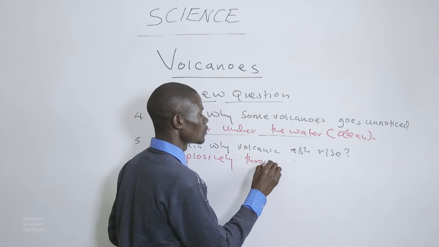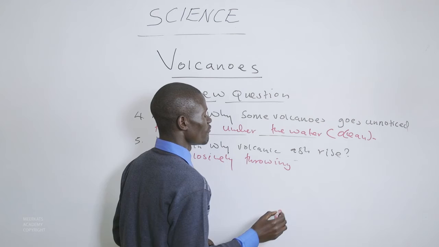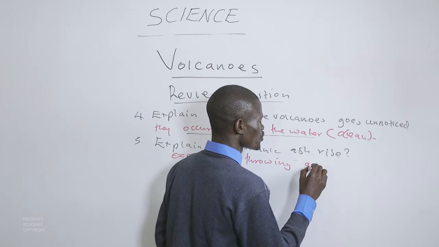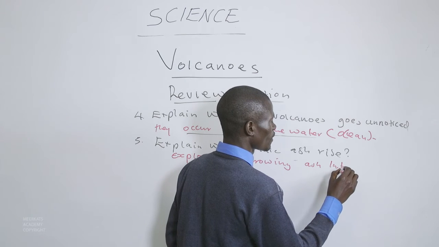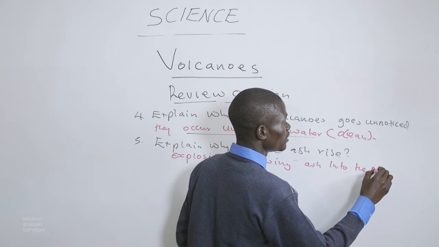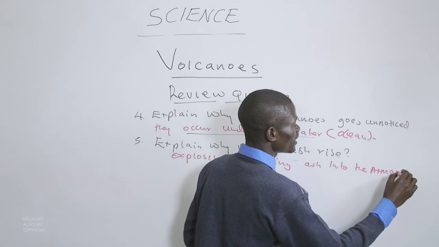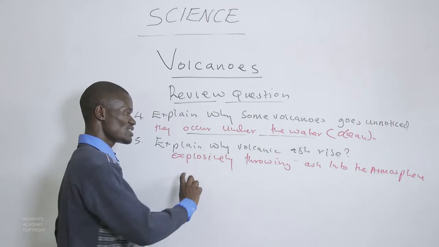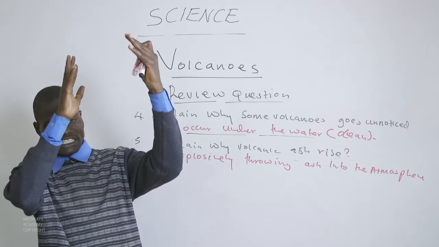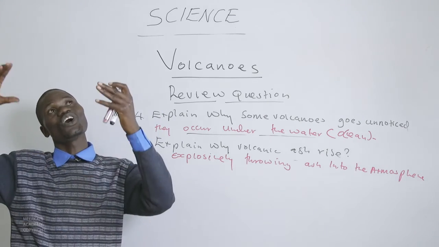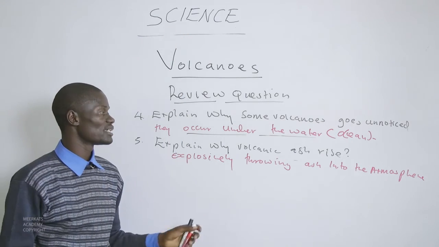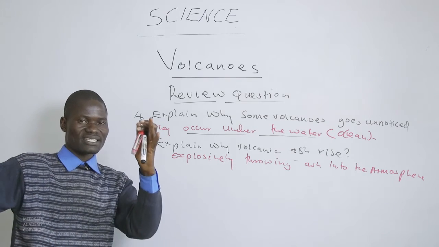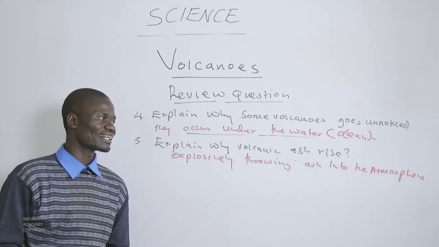throwing ash into the atmosphere. And once the ash has been thrown into the atmosphere, it will rise up, forming a volcanic ash cloud that will rise in given regions of volcanic eruption.